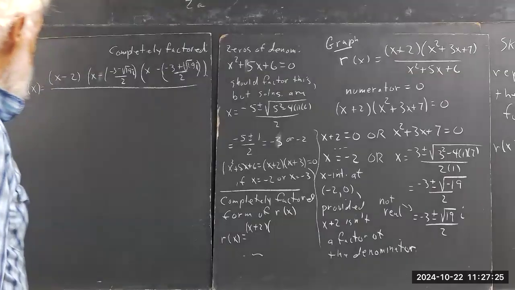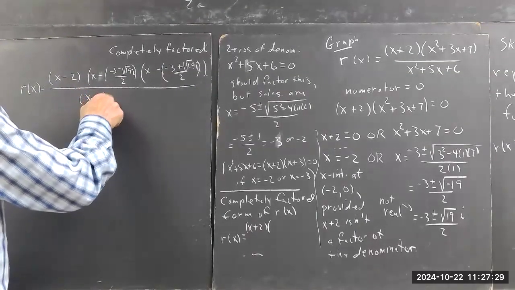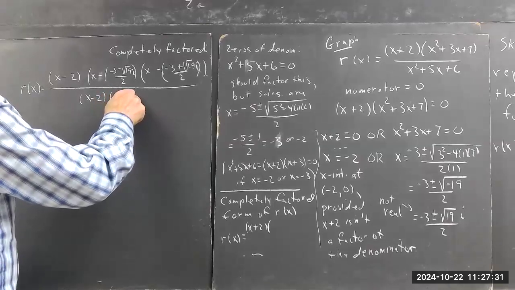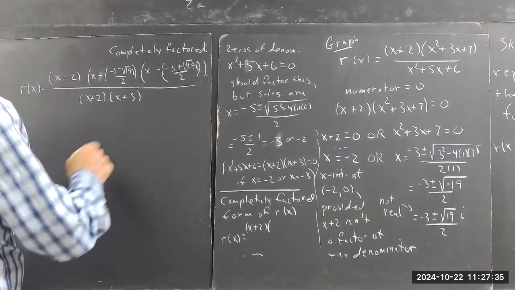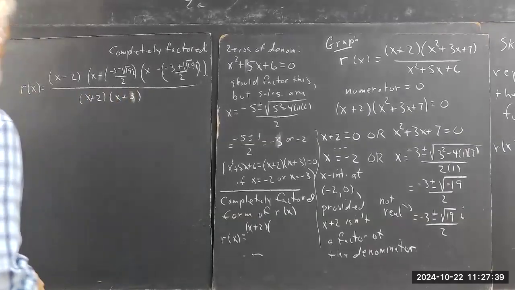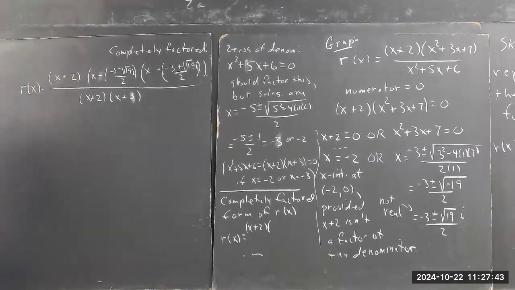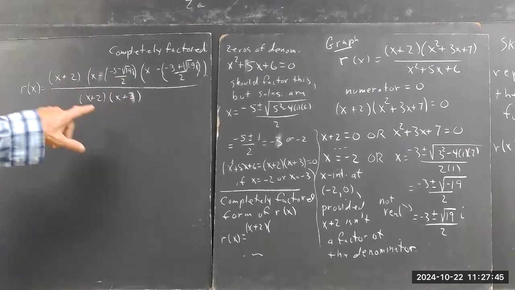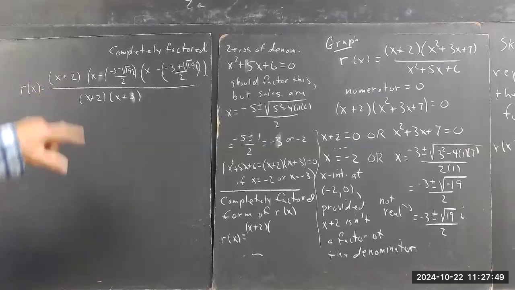But then it's divided by x plus 2 times x plus 3, and this is x plus 2. Okay, and you see that you can divide the x plus 2 into the x plus 2.